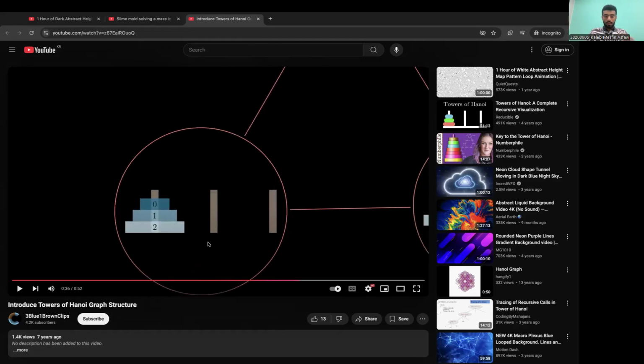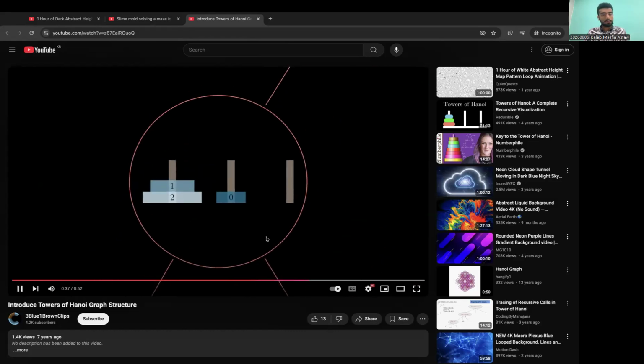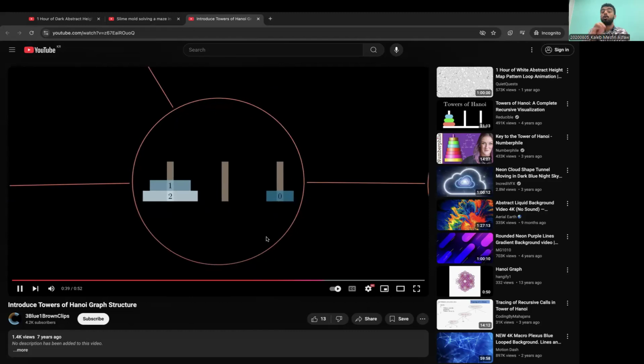Yeah, so this is the stage where all the 3 discs are arranged only on the left peg, and the same goes for all the other nodes.